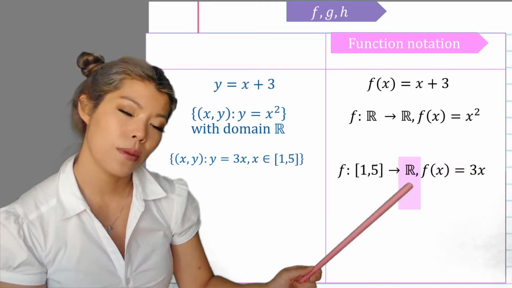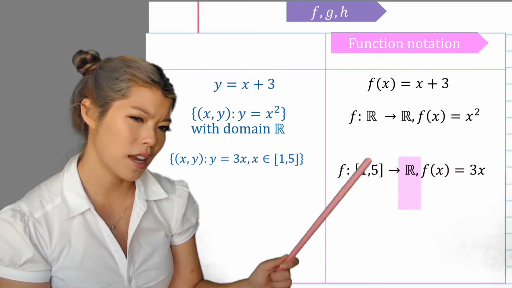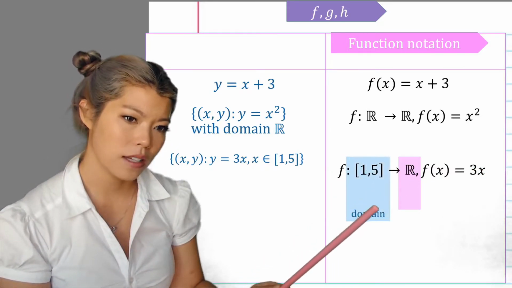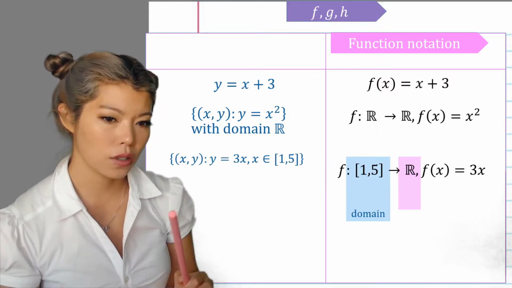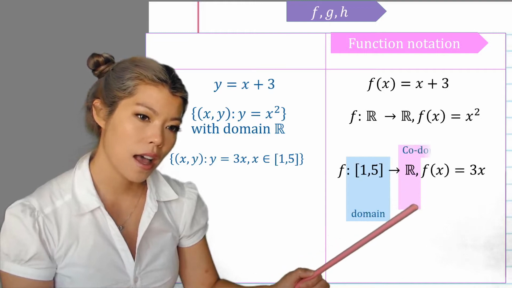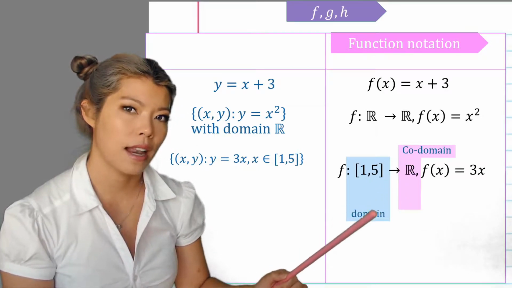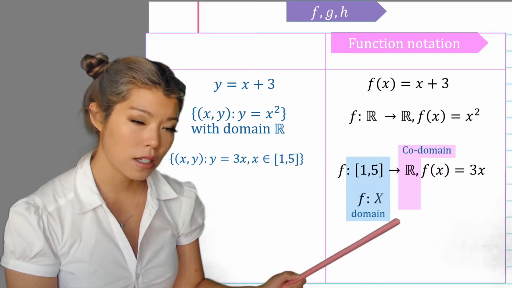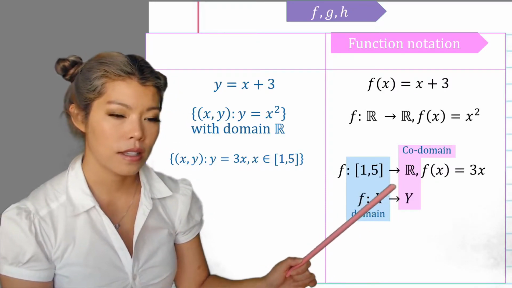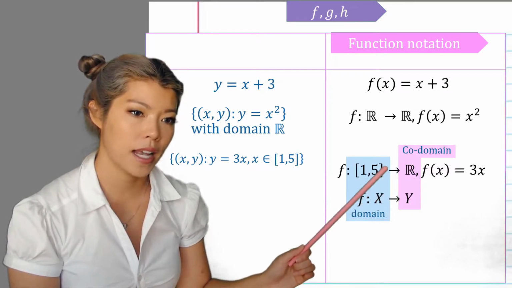Now you might be wondering, what is that R over there and that arrow? So this is our domain, we know that, and then those are our x values, and then that R is what our codomain is allowed to have. The codomain is a superset of the range. So it's part of the y, but not necessarily everything.